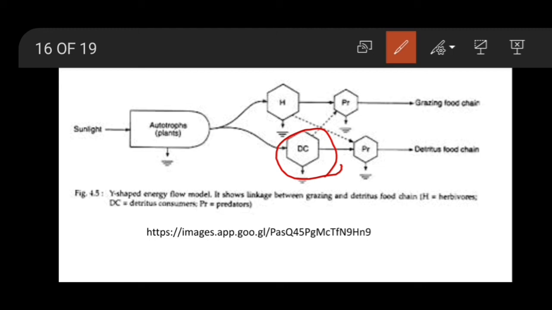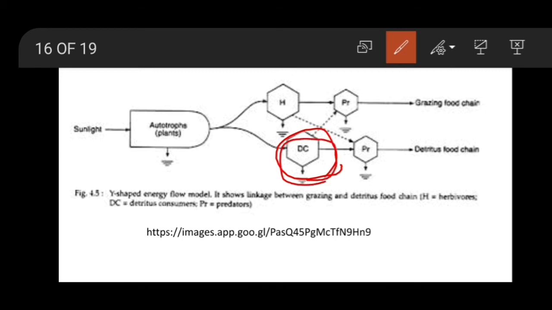The important point in the Y-shaped model is that the two food chains are kept separate from each other. This Y-shaped model is more realistic and practical than the single channel energy model. It confirms the stratified structure of the ecosystem. It separates the grazing food chain and the detritus food chain.